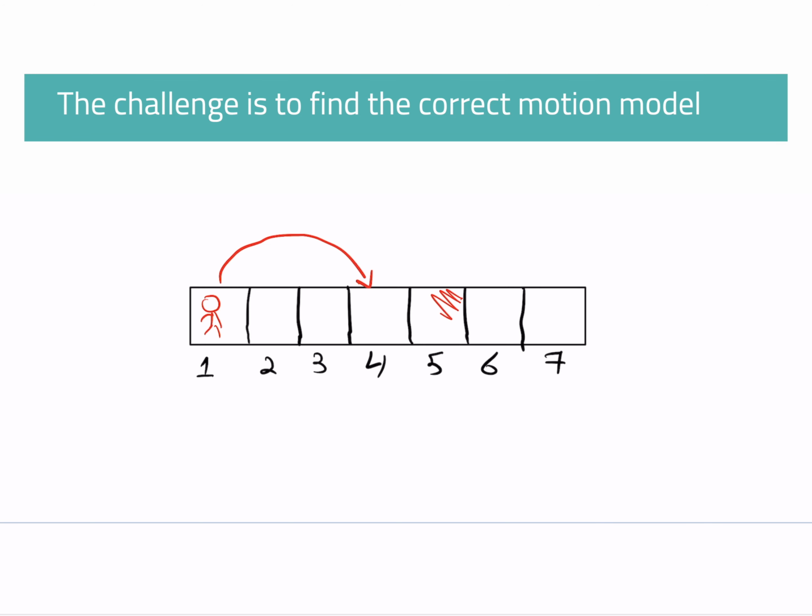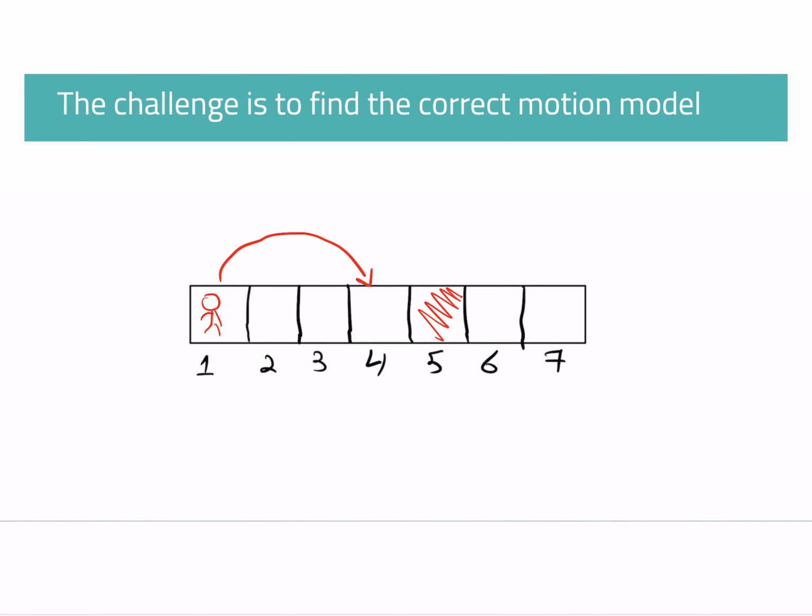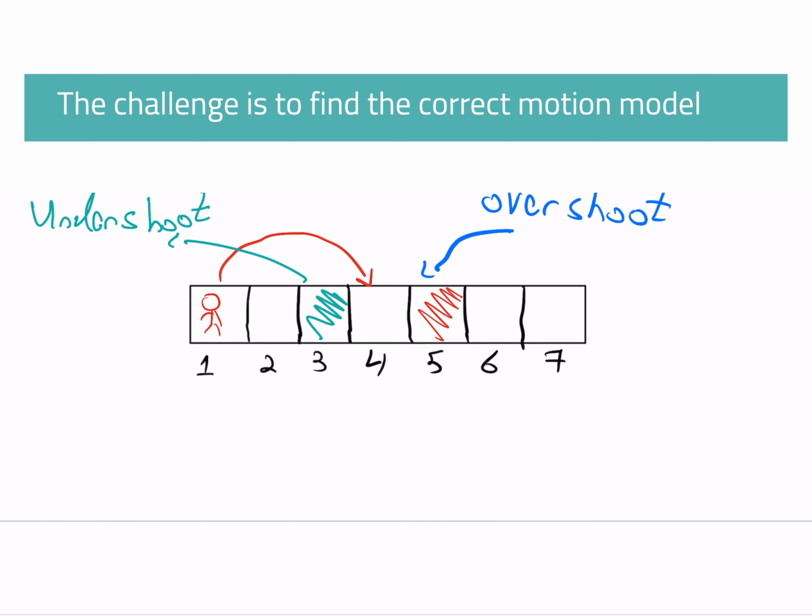So if I move more than what I actually wanted to move, this is called overshoot, over the desired location. And if I move less, this is called undershoot, or below the desired location. So again, the most important thing, or the most difficult thing, or the most challenging thing is not to compute the posterior distribution, but to figure out the most accurate motion model.